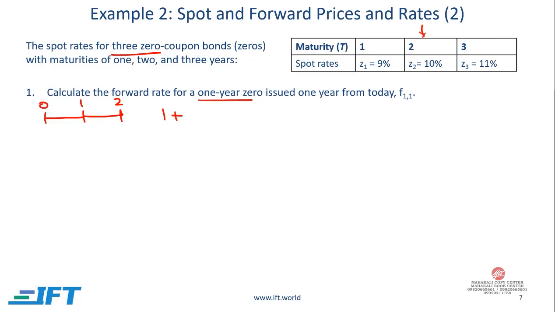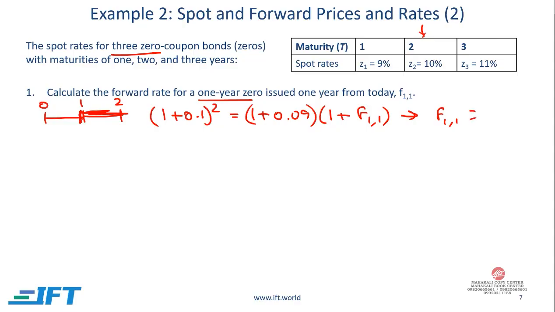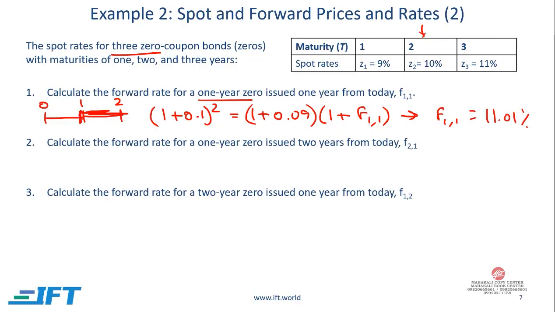That's 10%. So (1 plus 0.1) squared is equal to (1 plus Z1), that would be 1 plus 0.09, multiplied by (1 plus F(1,1)). That is the forward rate for this period that goes from here to here. And based on this, we can calculate that F(1,1) is equal to 11.01%.